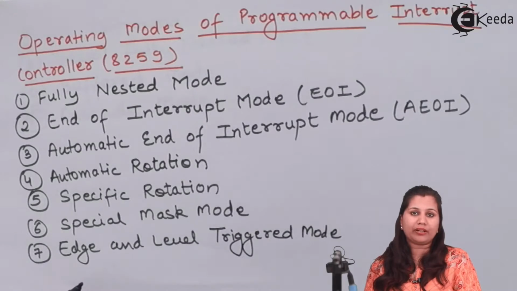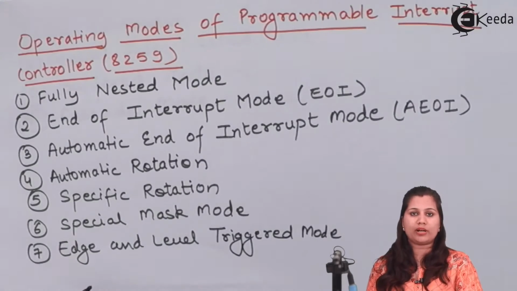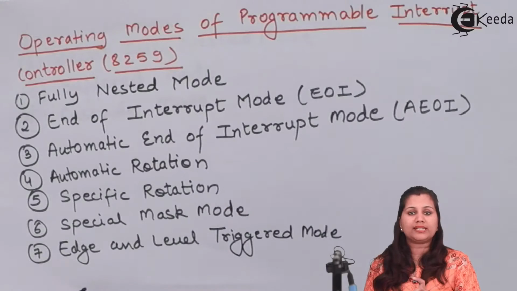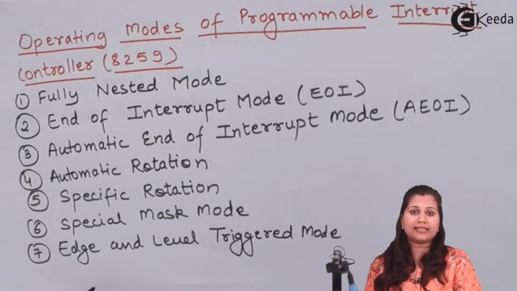The 8259 is capable of accepting 8 interrupt requests, which are represented as IR0 to IR7, that is interrupt request 0 till interrupt request 7. According to which interrupt request is currently active, an interrupt signal is sent to the microprocessor.